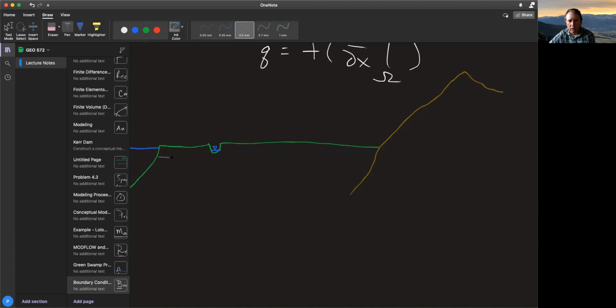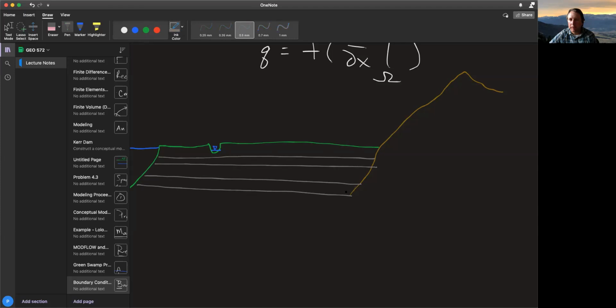So 1 layer here, another thin layer here, another layer here, and then beneath that, another layer. And this upper one is sandy and an aquifer. This guy here is clayey, sand, another aquifer, clay. All right, so this is a cross-section view of a potential model.